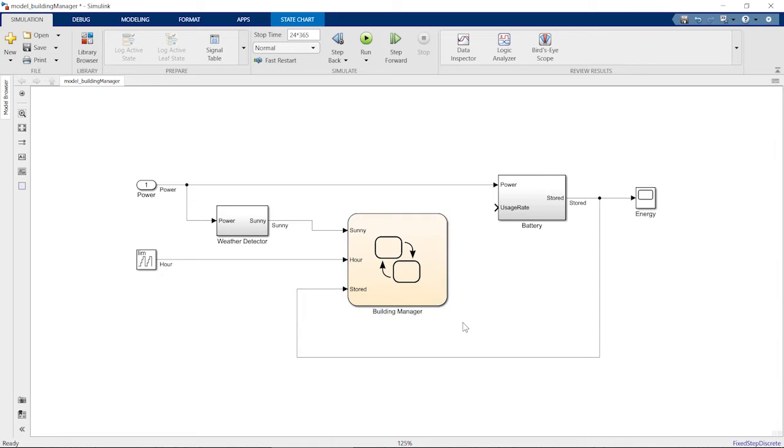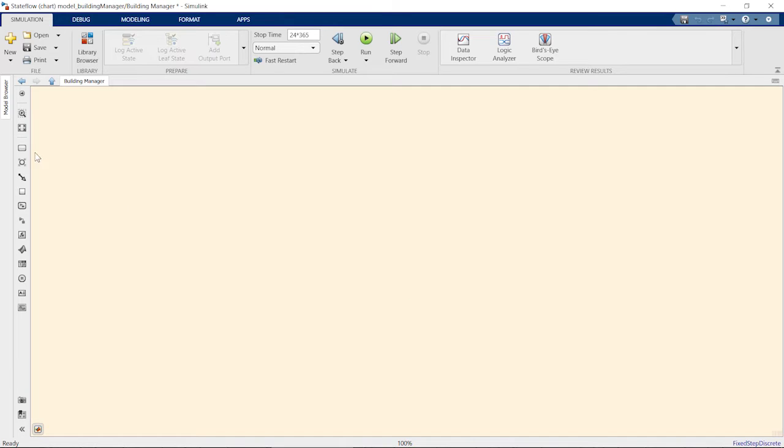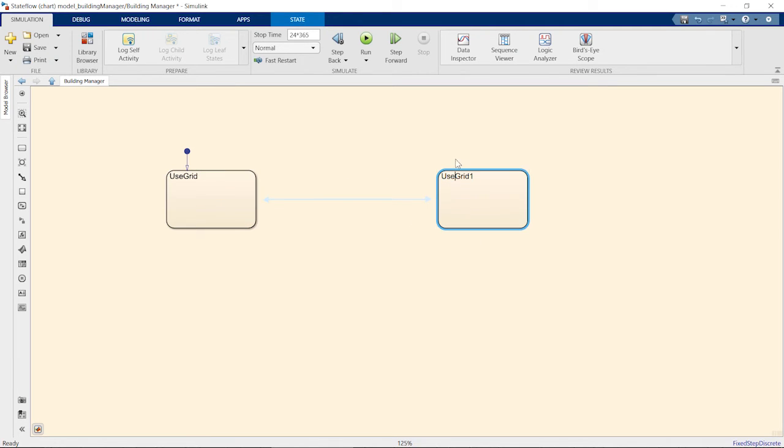Now we're ready to build our decision logic, and inside, we can use all the signals we just connected. The energy system within our building can switch between using the grid and the battery for power. We'll represent these two operation modes using two states called Use Grid and Use Battery. We also need to tell Stateflow which state to enter at the start of our simulation by adding a default transition.